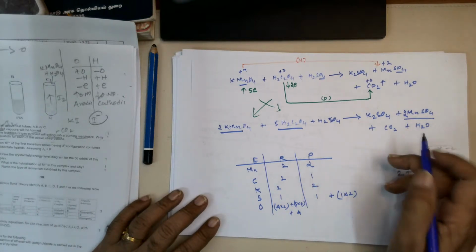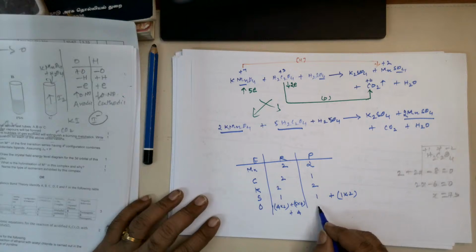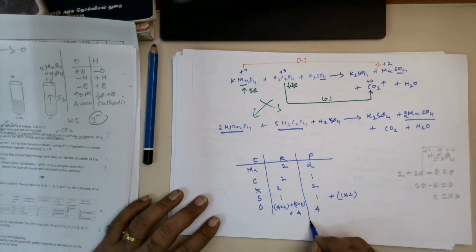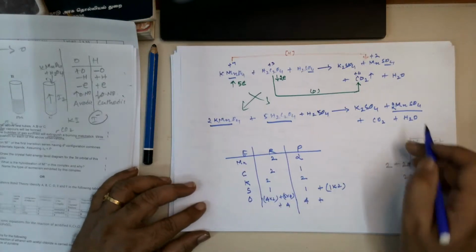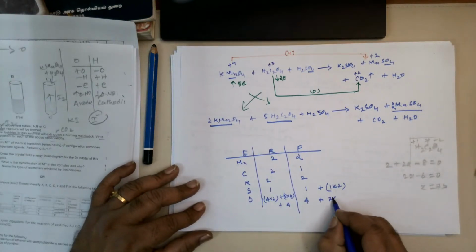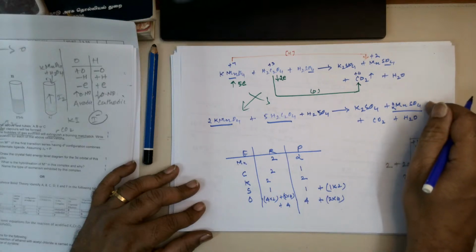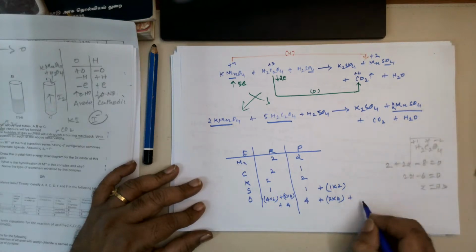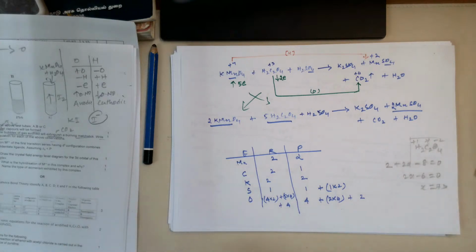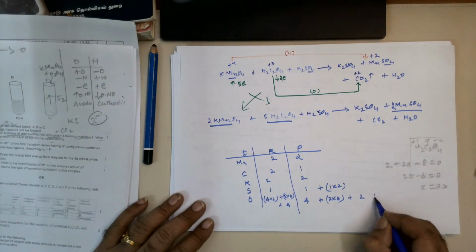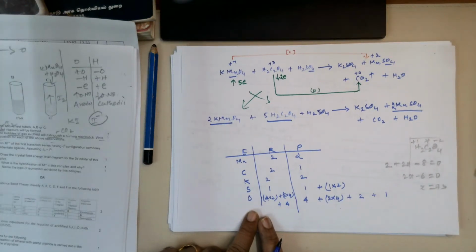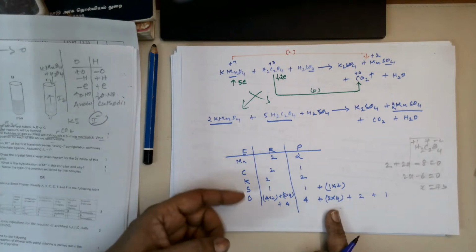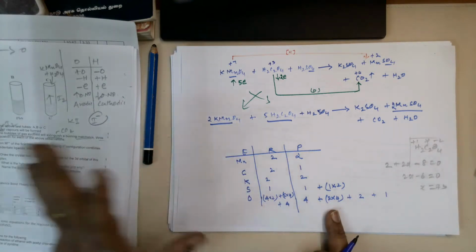On the right side, you got sulfur, 4 sulfur in K2SO4 plus, and then here 2 into 4, 8 in manganese sulfate. And in carbon dioxide, you got only one molecule, but 2 oxygen, plus water, you got only one. Now, you know very well the oxygen is more disturbing. It is widely distributed, and that is why you need not worry about it. Give it the least priority.